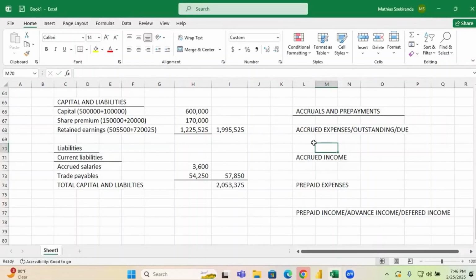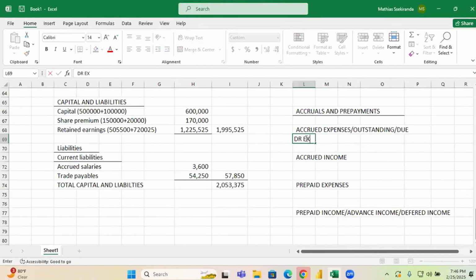Now, accrued expenses, we said these are expenses that have been incurred but are not yet paid. You have enjoyed the service, but you have not yet paid for them. So to you, the person who has enjoyed the service without paying, it is an accrued expense. It is a liability.